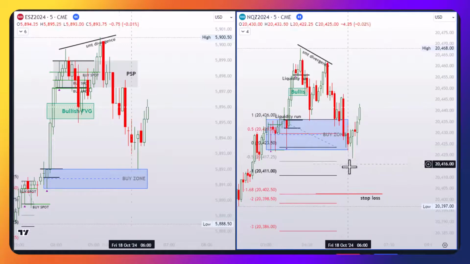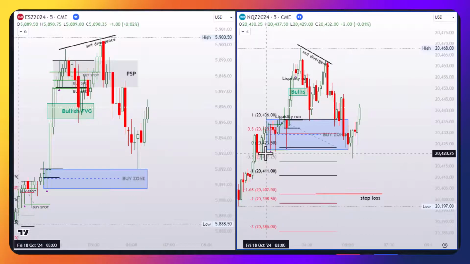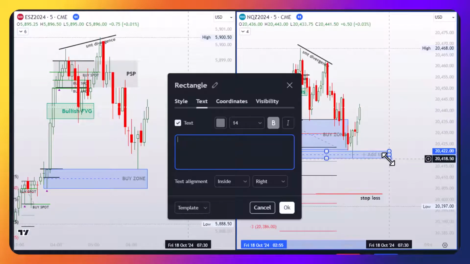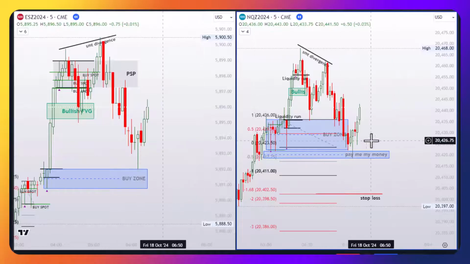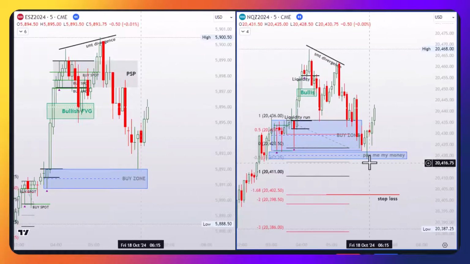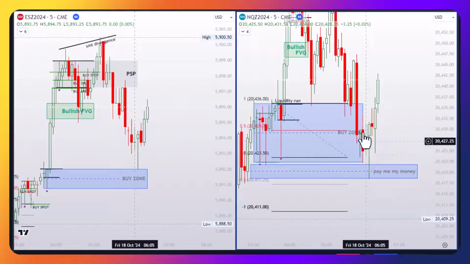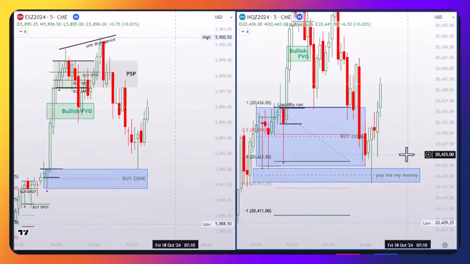So you're buying under it. That is like super duper like, oh my God, pay me my money. That's your pay me my money zone right there. Look at that. And I mean, the best thing is to not knife catch. It's to see how does price respond to it, right?